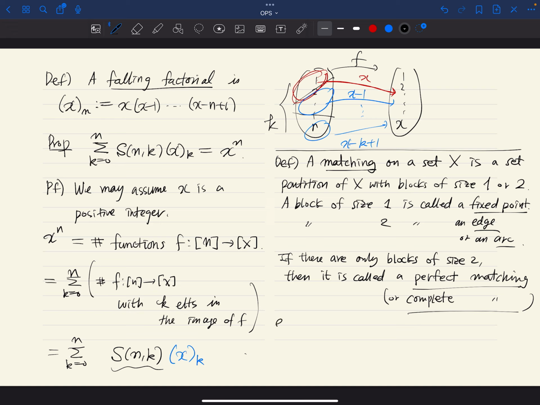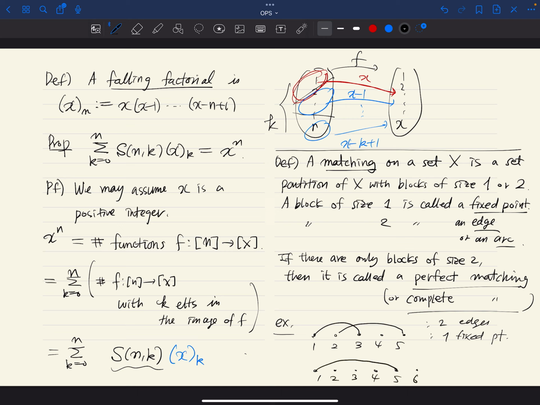So for example, using the diagram, 1, 2, 3, 4, 5. This is an example of a matching, right? We have two edges and one fixed point. And what about 1, 2, 3, 4, 5, 6?